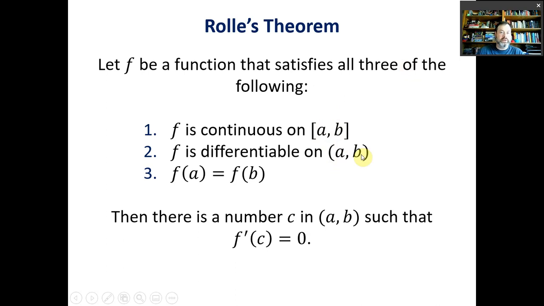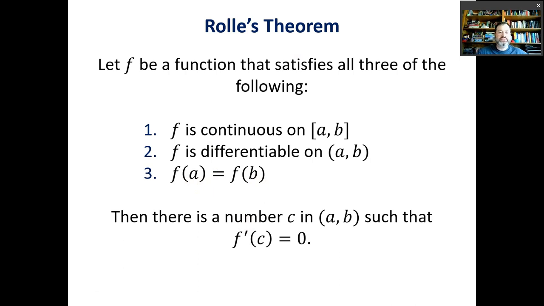Differentiable on the open interval. We saw in the previous section that differentiability at the endpoints always fails, so we can't require that endpoints be differentiable. And this theorem is about the endpoints, right? The y values of the endpoints have to be equal.